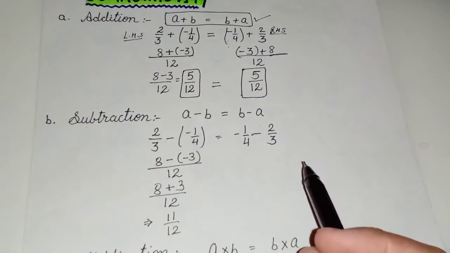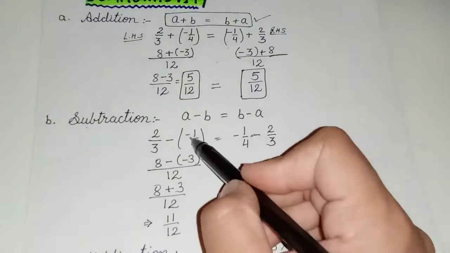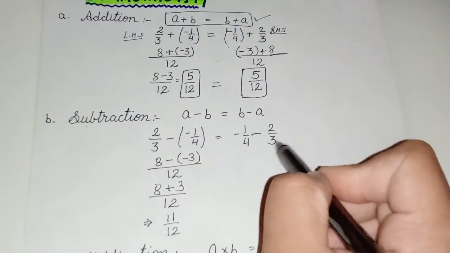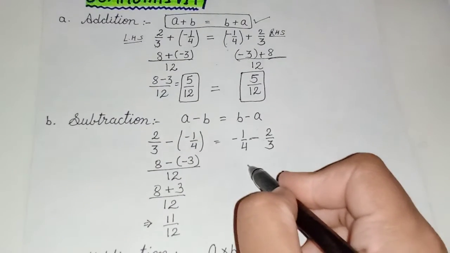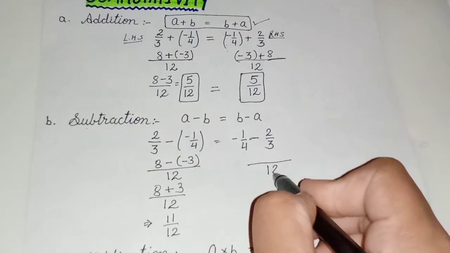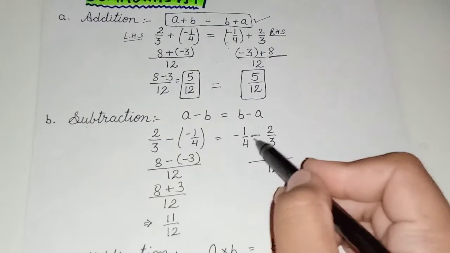Now let us do the right hand side of this, B minus A. Now the second number is shifted to first place and the first shifted to second place. Again LCM is 12. So this is required to be multiplied with 3.